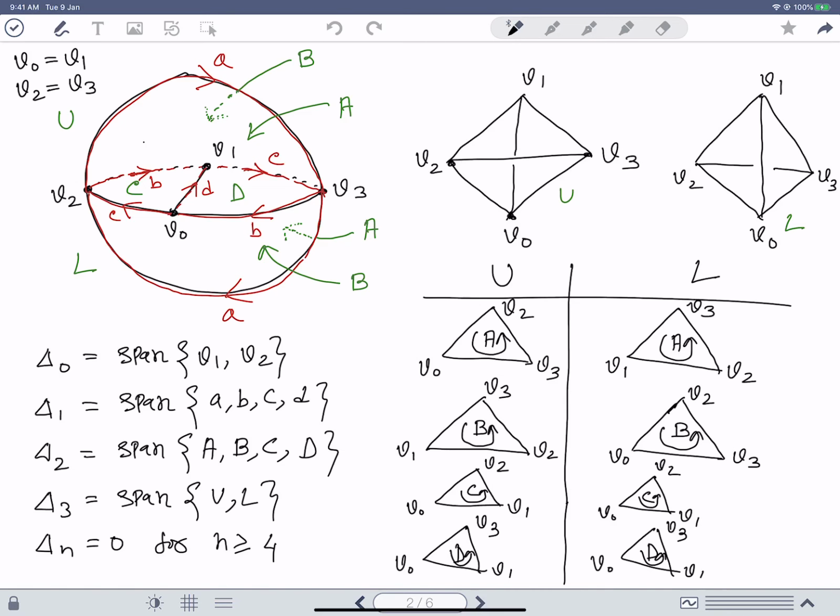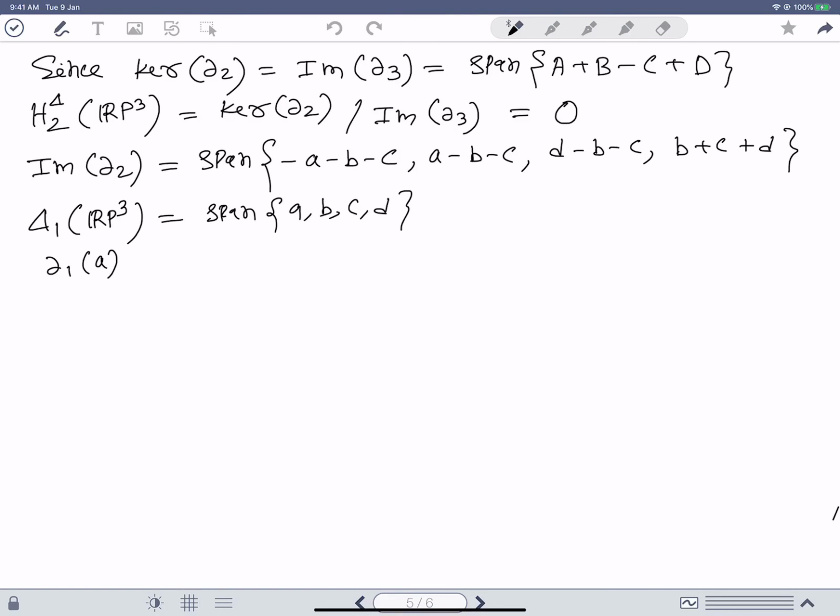That means A is the image of an edge, a 1-simplex from V2 to V3, or you can say V3 to V2. That means the boundary of A will be V2 minus V3. But we know that V2 and V3 are the same. Therefore, the boundary of A will be 0.